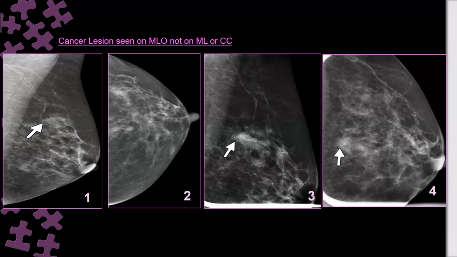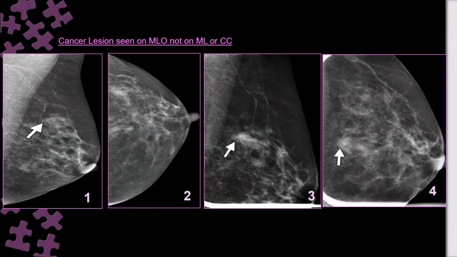If you see a focal asymmetry, the next step is spot compression or spot magnification, to make sure, is it a real asymmetry or just glandular tissue? According to the finding, you will decide whether it is a true lesion or a pseudo lesion.